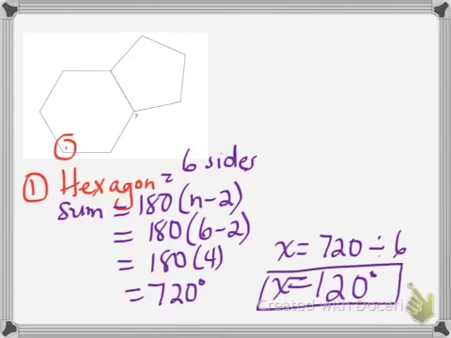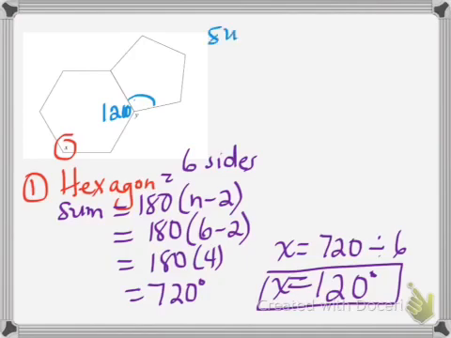To get the y value, I need to draw into the diagram that this part of the angle is 120, that y is missing, and the other part is not 120. It is actually a different value because we have a pentagon.